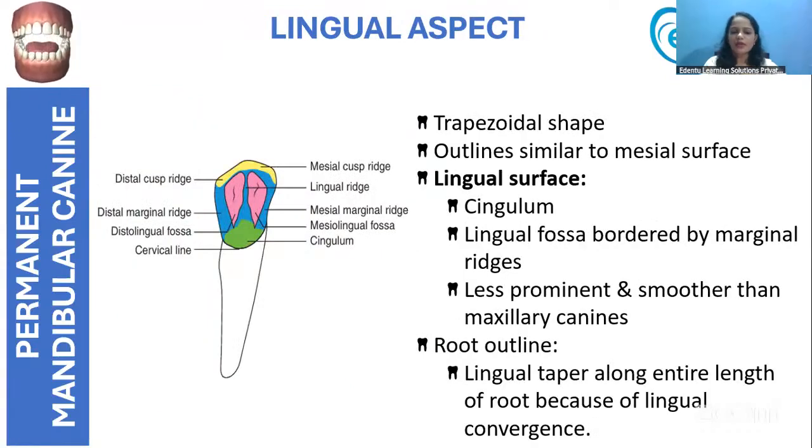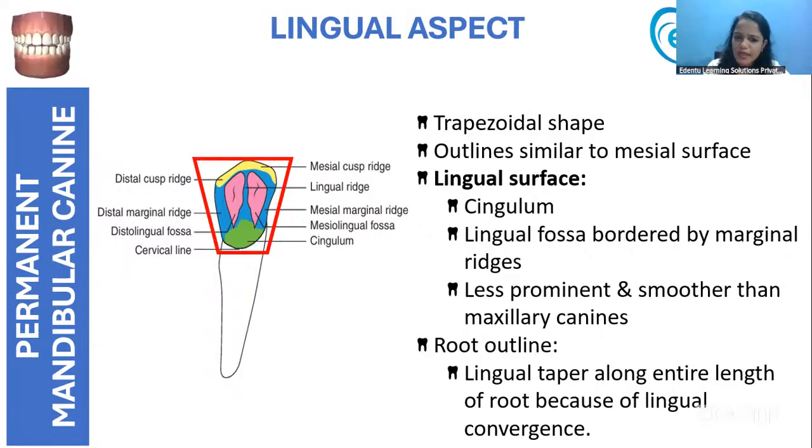Now coming to the lingual aspect of the permanent mandibular canine, very similar to the maxillary canine, but all the features will be less prominent. There is a distal cusp ridge and a mesial cusp ridge, and it is roughly trapezoidal in shape. All the outlines, ridges and fossae are very similar to the maxillary canine, the only difference being that they are all less prominent and smoother.